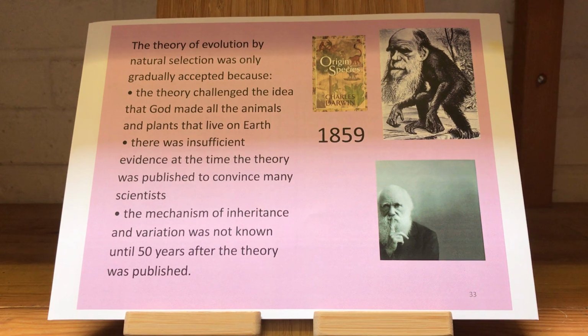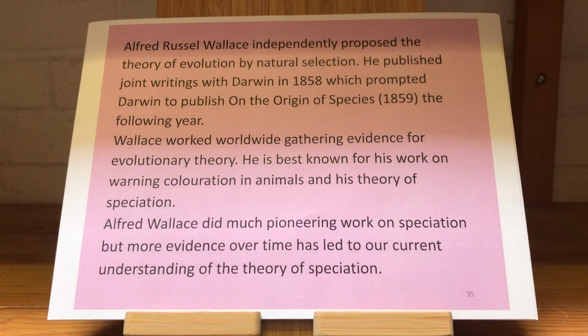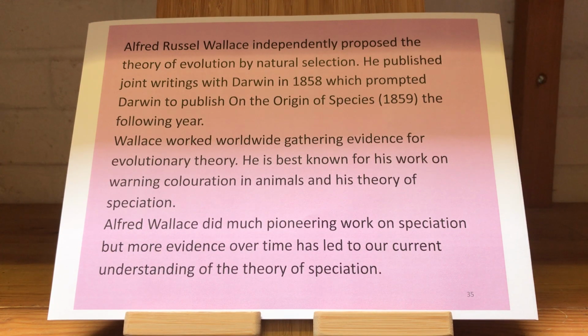Okay, going on to Wallace. Now, Wallace worked with Darwin and he did lots and lots of different things. So he actually did some work on natural selection with Darwin. He helped Darwin publish his book, The Origin of the Species, which Darwin was famous for.